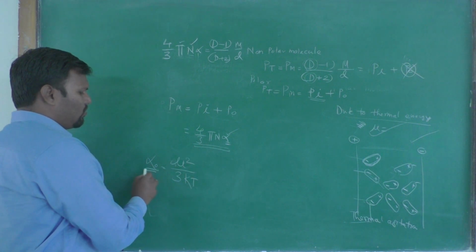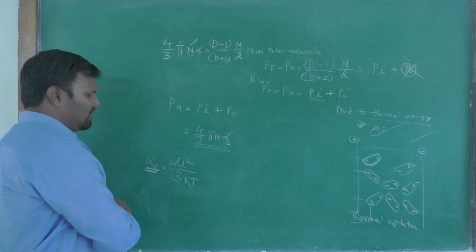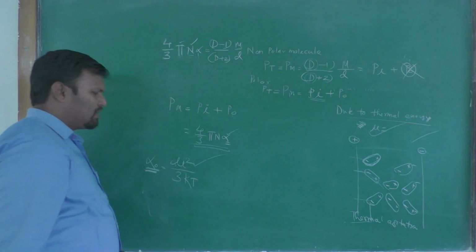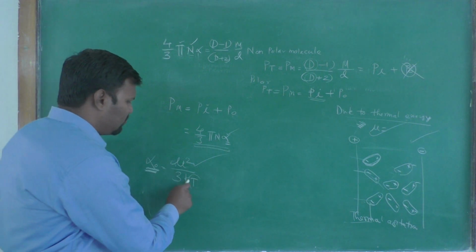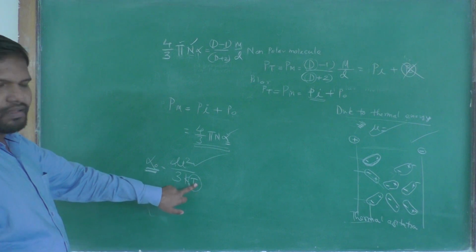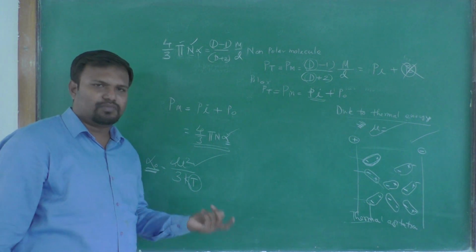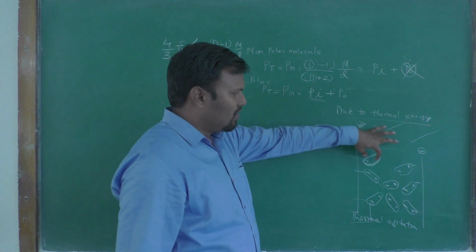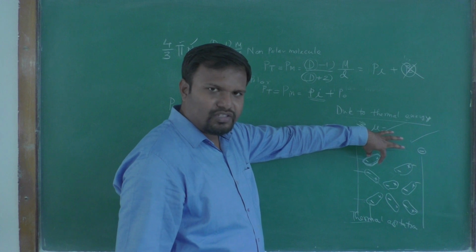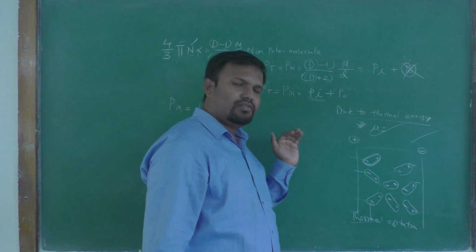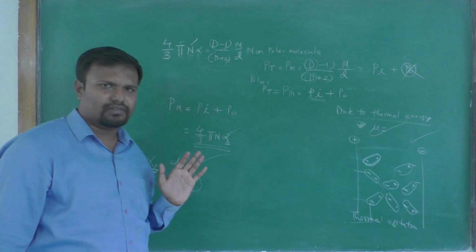Therefore orientation polarizability depends upon the permanent dipole moment, directly proportional to the permanent dipole moment and inversely proportional to the temperature. As the temperature increases, our molar polarization decreases, because thermal agitation increases and the molecules are not aligned in the direction of the applied electric field.